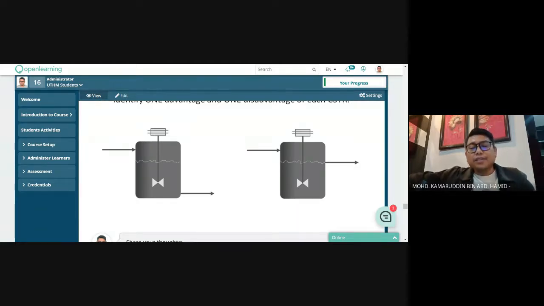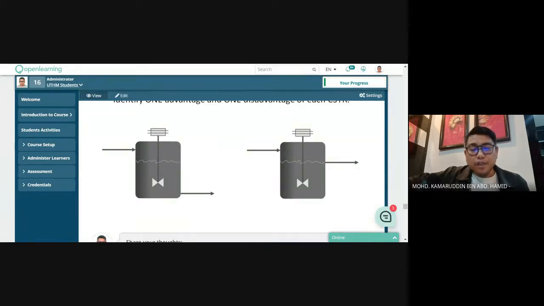Okay, unless your reaction is a function of temperature, either endothermic or exothermic. If your level varies, then it will have some effect.